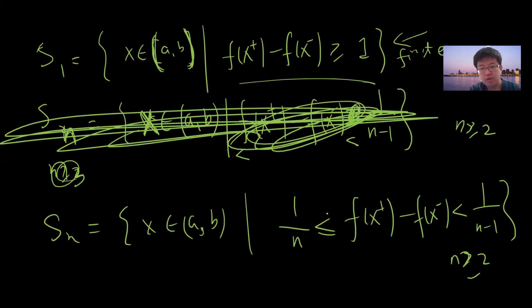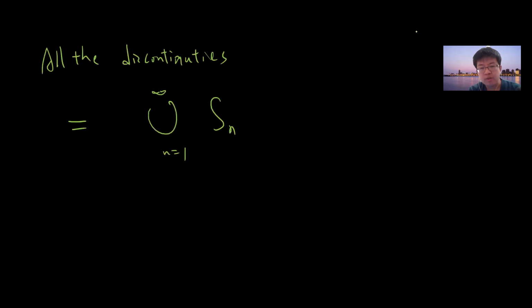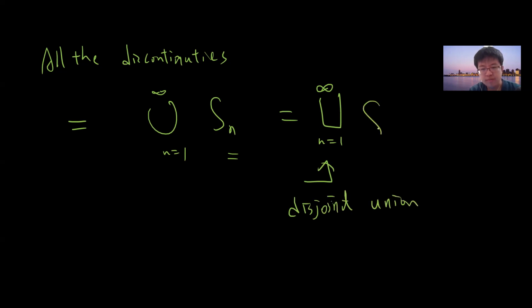Now you see by definition these sets are a disjoint union, and we proved that each one is finite.